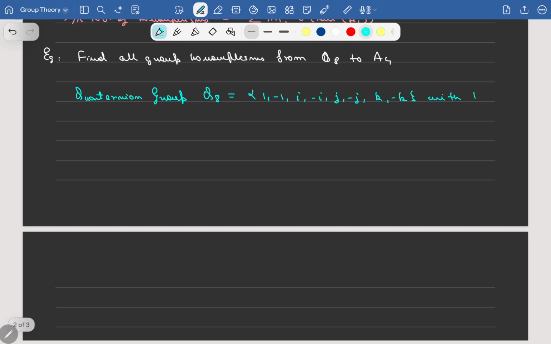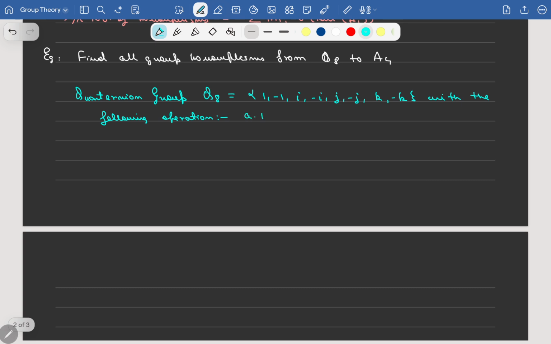with the following operations. The operations are defined in the following sense. See, the operations on 1 and minus 1 we are going to define multiplicatively, so anything which happens with 1 and minus 1 will automatically be the same.